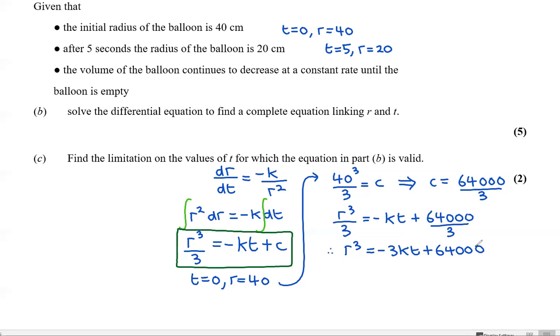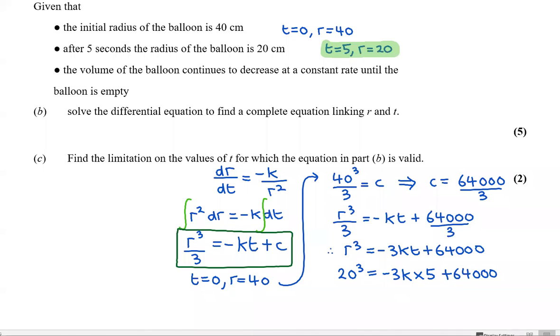So let's apply our next conditions. We know that when t equals 5, I wrote them down up here earlier, r equals 20. So let's sub those in. So 20 cubed is going to equal minus 3k multiplied by 5 plus 64,000. Okay.